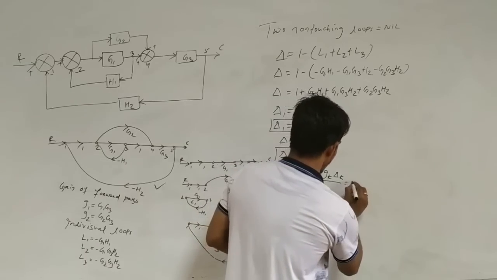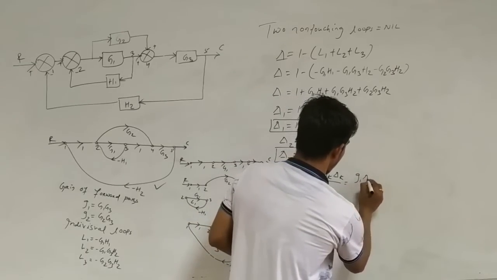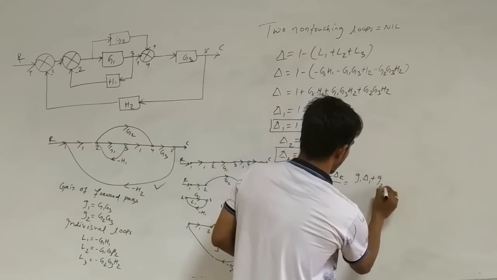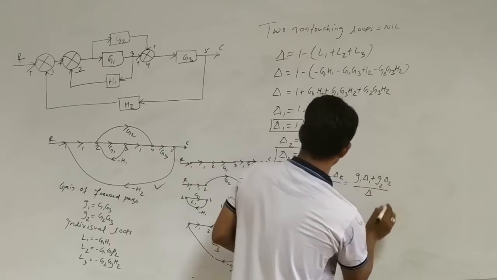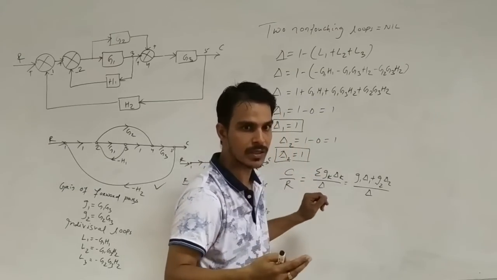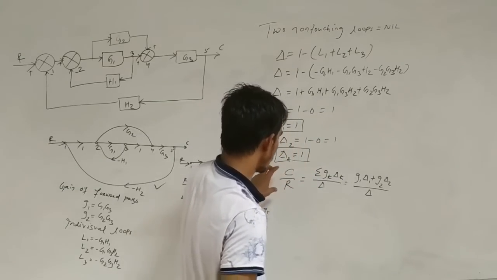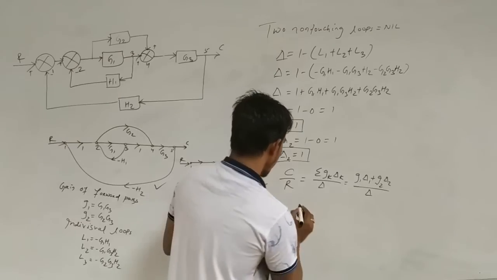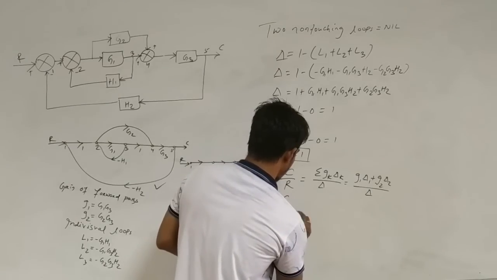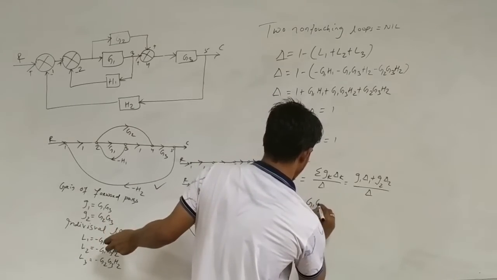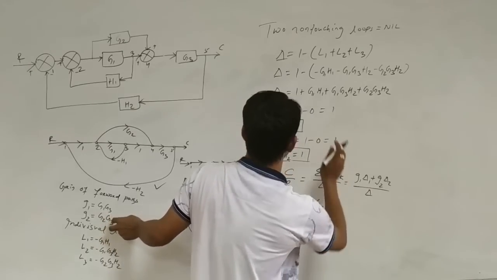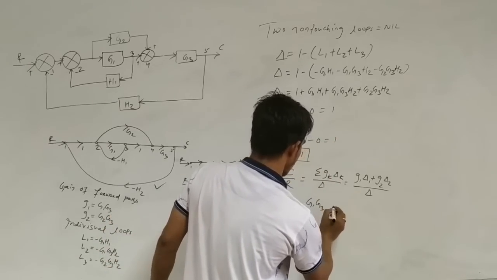So here we can write G1 delta 1 plus G2 delta 2 divided by delta. Since C by R is the transfer function, which is equal to T. So C by R equal to G1 G3 into delta 1 into 1.